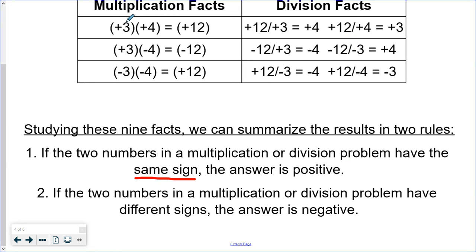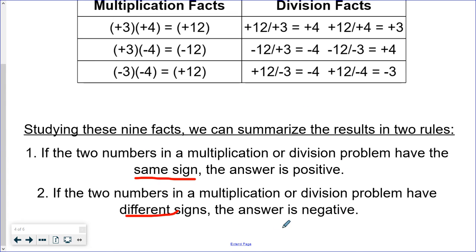So I had positive times positive equals positive. Negative times negative is a positive. So if both of the numbers have the same sign, the answer is going to be positive. If the two numbers in my multiplication or my division problem have different signs, like for example, positive 3 and negative 4, or negative 12 divided by a positive 3, that means the answer, which will be a different sign by the way, is going to be negative.